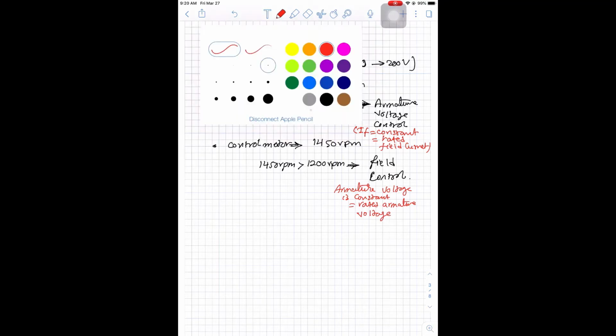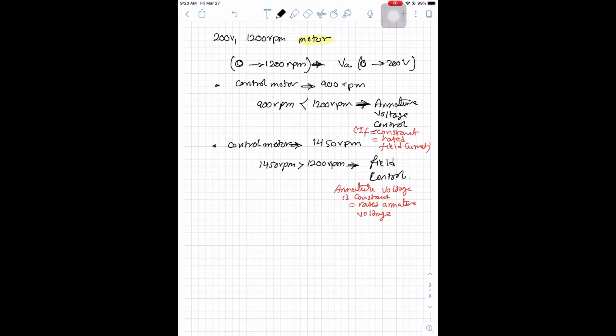So when we do armature control, the field will be constant, at its maximum value. And when we do field control, the armature voltage will be constant at its rated value.